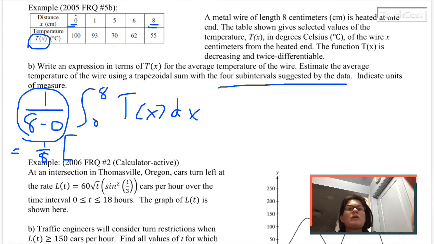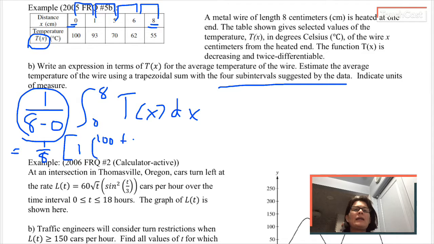So that means from 0 to 1, 1 to 5, 5 to 6, and 6 to 8. So I'm going to have a distance of 1 times the average of those two temperatures, so 100 plus 93 over 2, plus this distance between 1 and 5 is 4, times the average of 93 and 70.